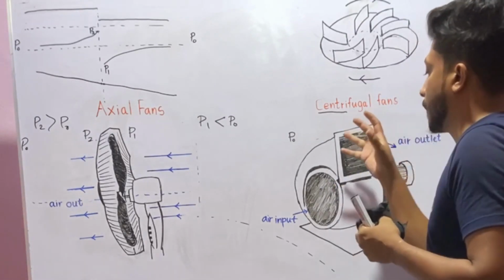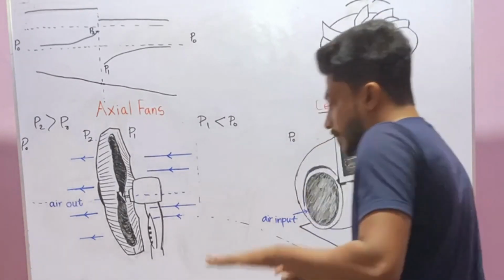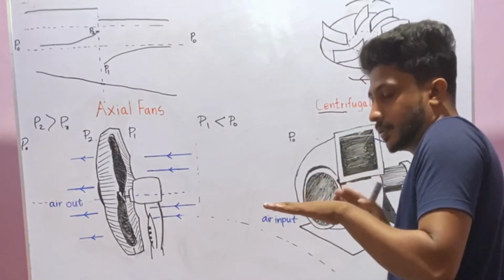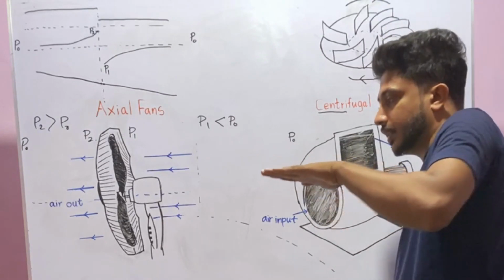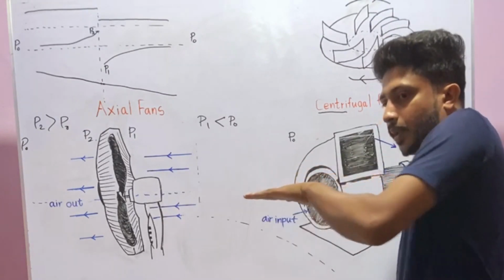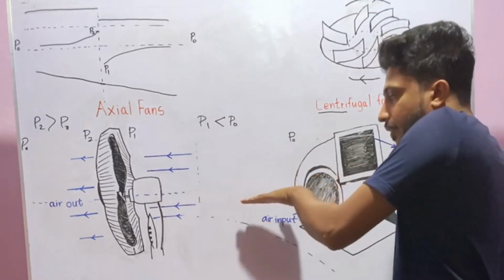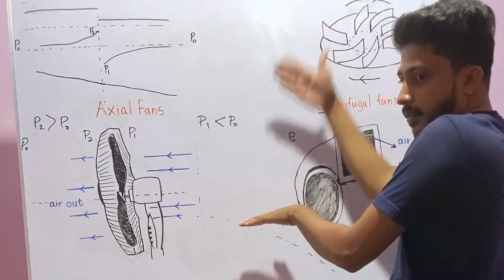Okay, so for the centrifugal fans, air is coming in this direction. In this plane air is coming, and the output delivery will be in this plane.